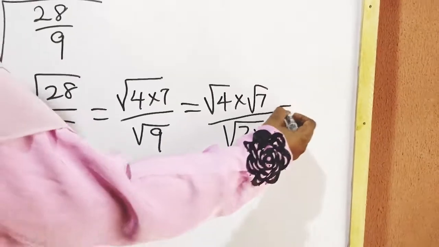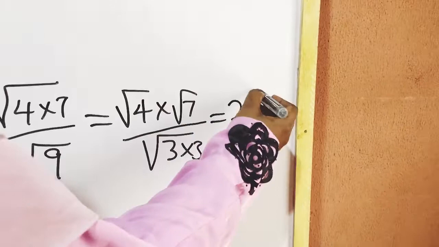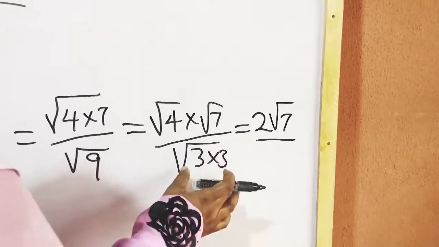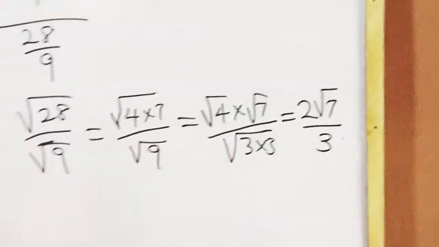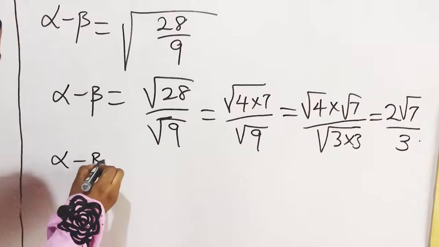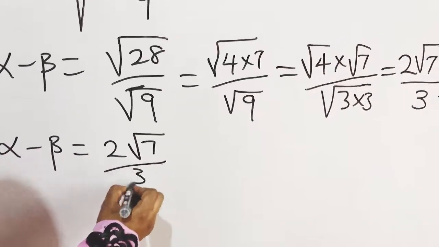So this one will give us 2, because square root of 4 is 2, then root 7, and root of 9 is equal to 3. So that is the answer. So alpha minus beta is equal to 2 root 7 over 3.